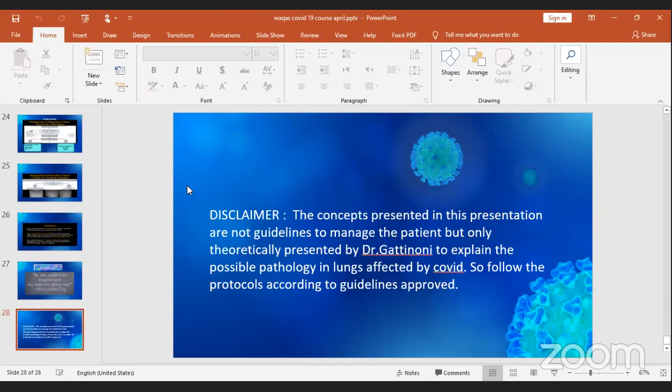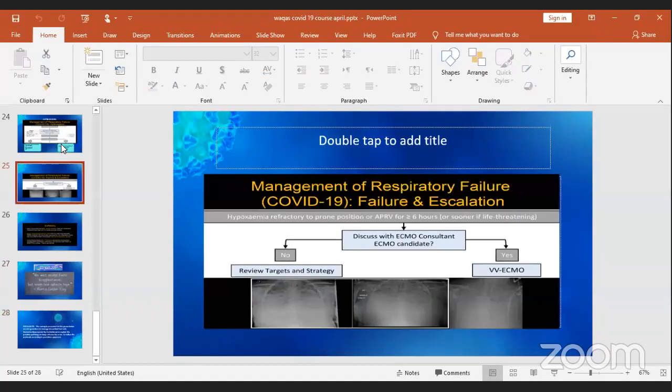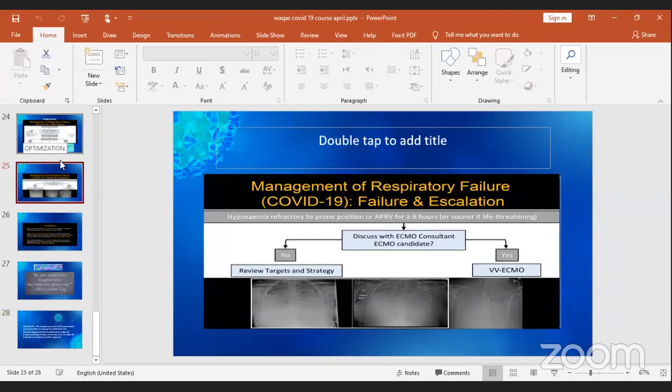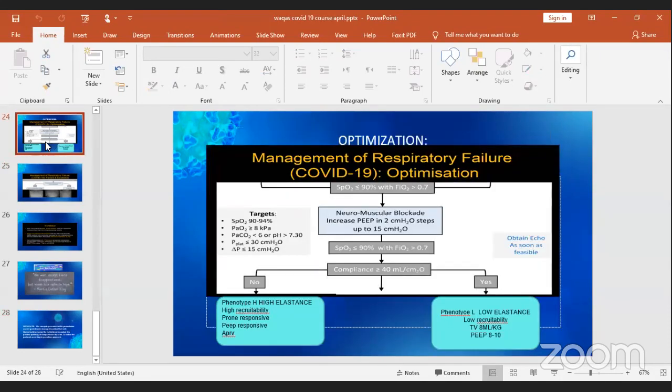But I think this presentation is to give you the concept that sometimes high PEEP and low tidal volume can affect the patient more than anything else, because if the lung is compliant, of course, we don't need too much PEEP. So keep that in mind while you're treating the patient in the initial phases.